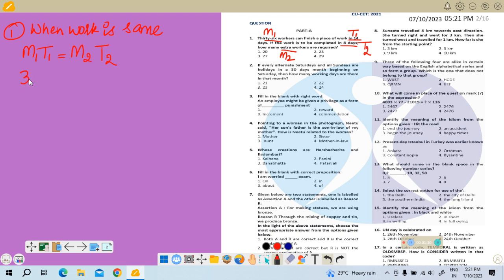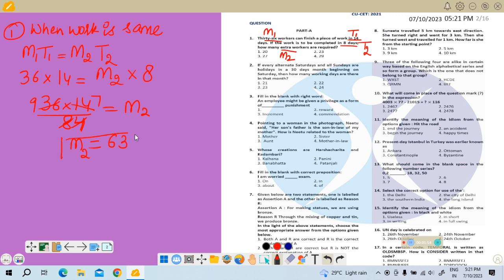So M1 is 36, T1 is 14, M2 we need to find out, T2 is 8 days. So M2 comes out to be 63.